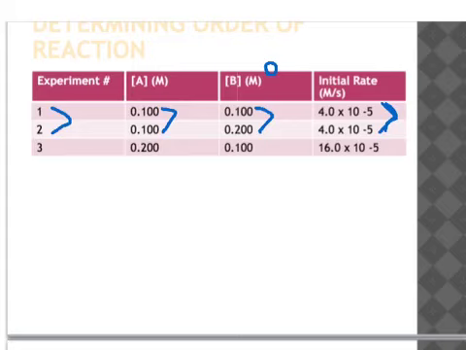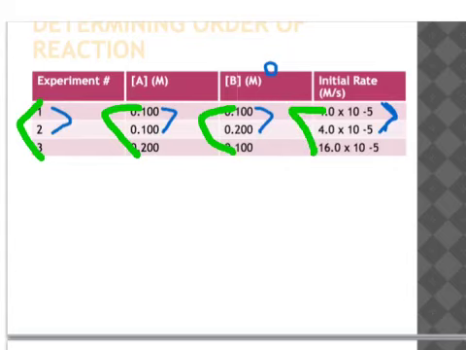Now, if we look at experiments 1 and 3, the concentration of B is unchanged, so I know that the concentration of A is what is causing the change in my rate.